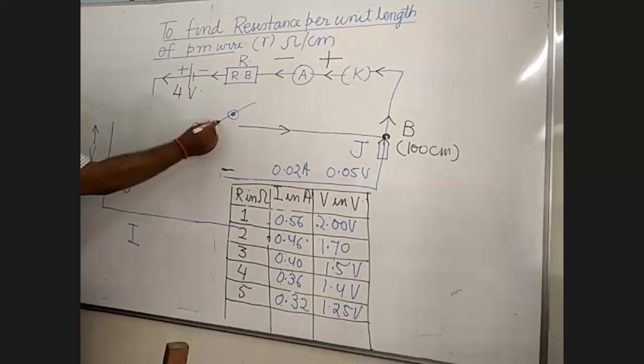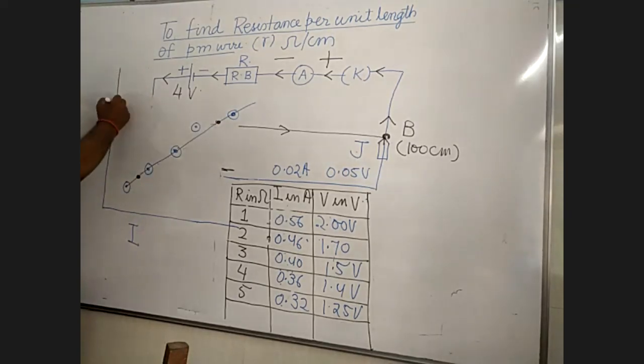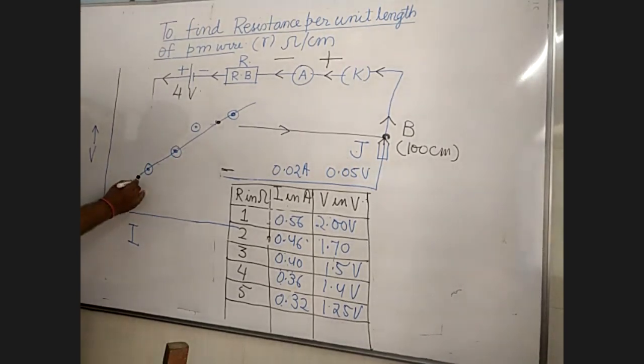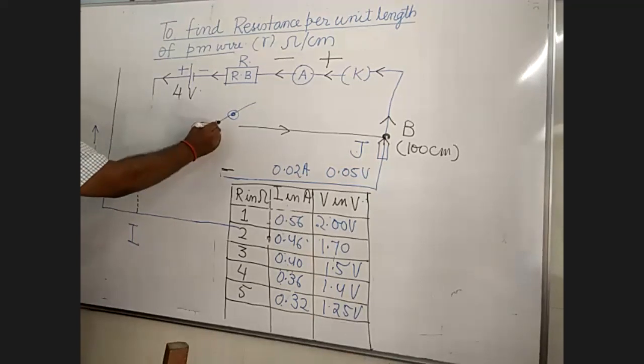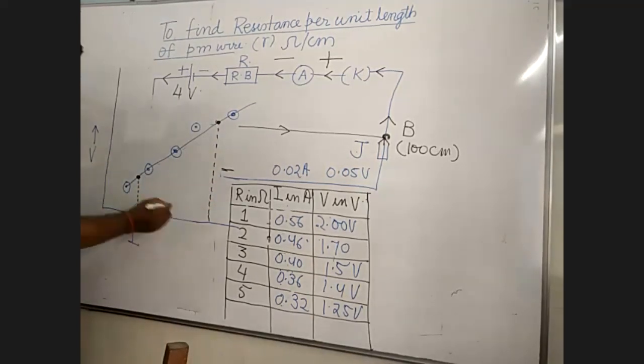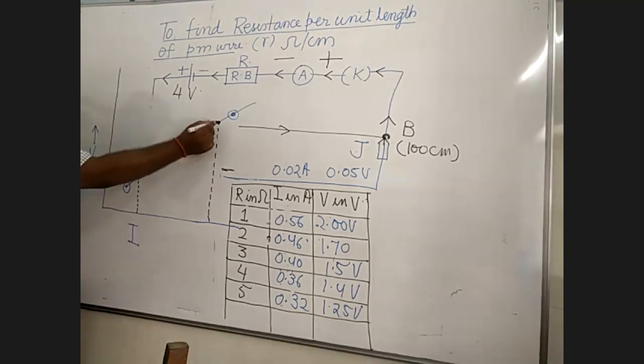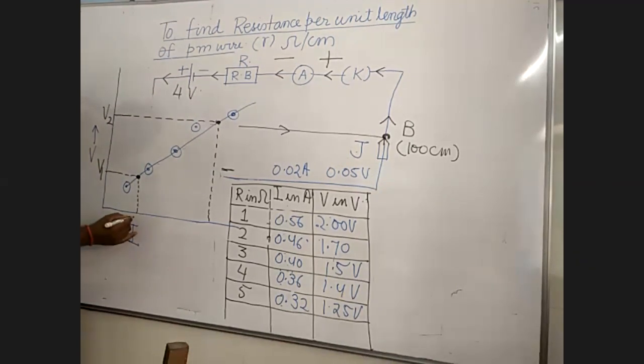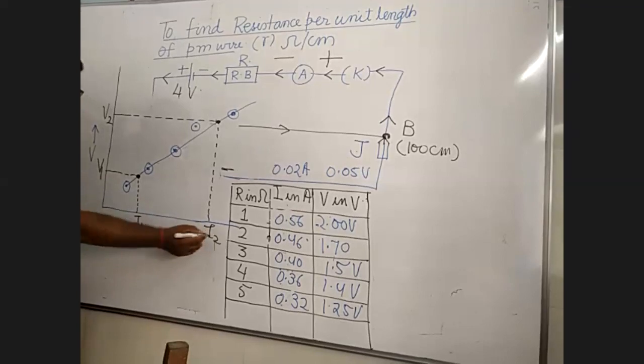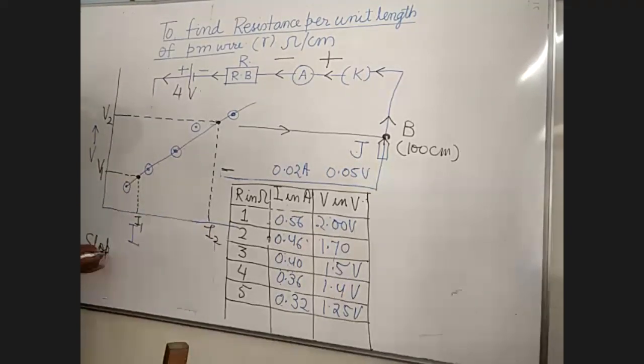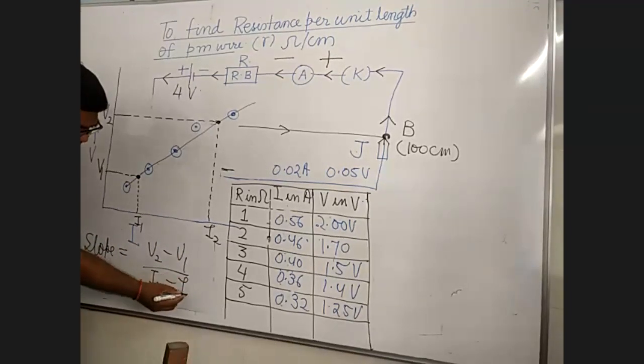These points should also be far apart. So you can find the values V1, V2, I1, I2. Now slope equals V2 minus V1 upon I2 minus I1.